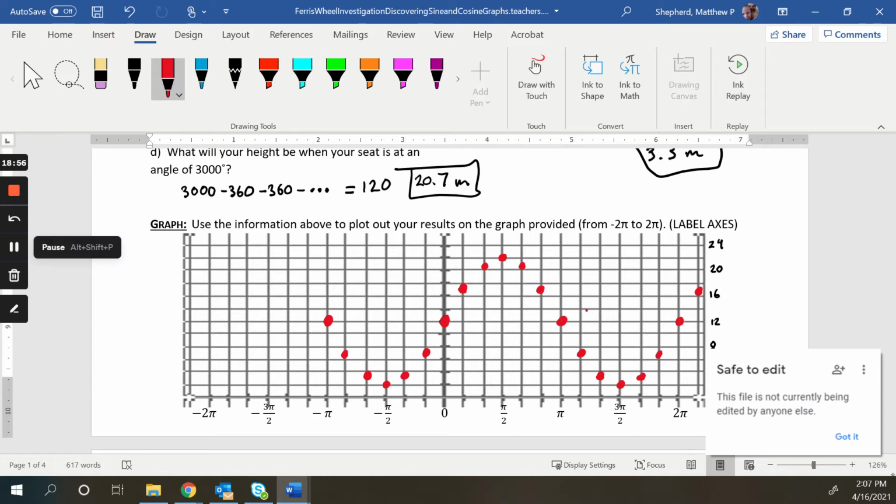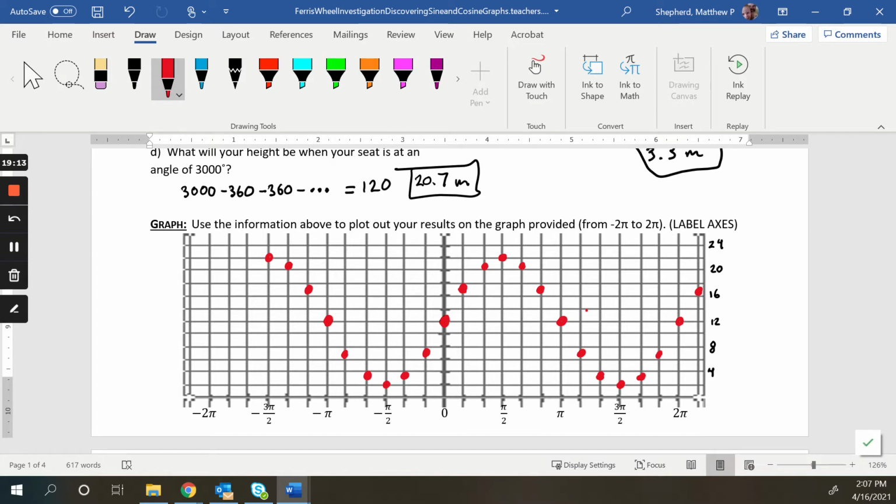After the 12, we'd then go up to the 17, then to the 20.7. We'd reach our peak at 22 and start coming back down to 20.7.